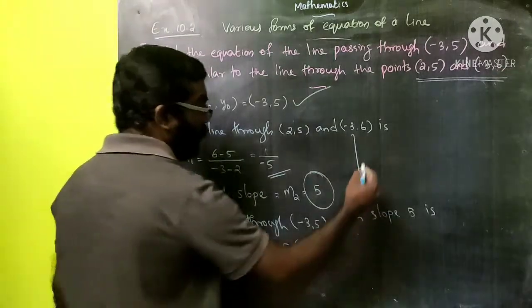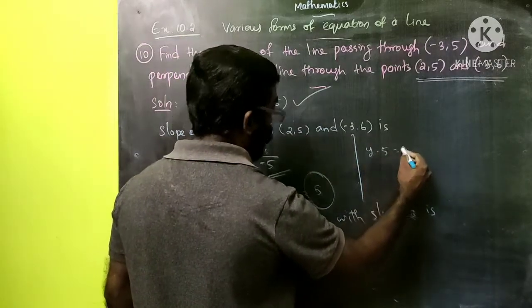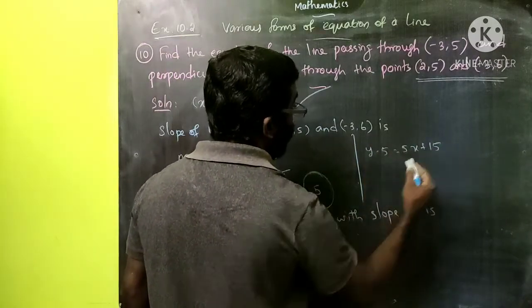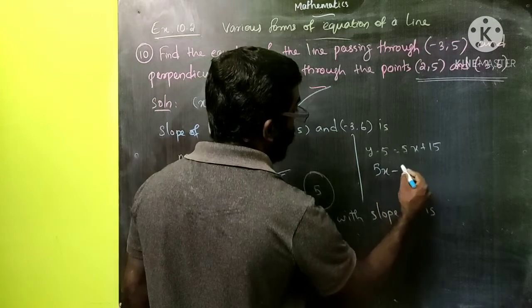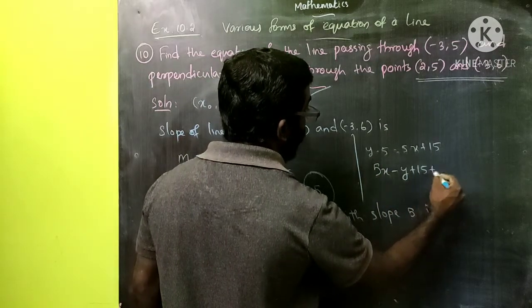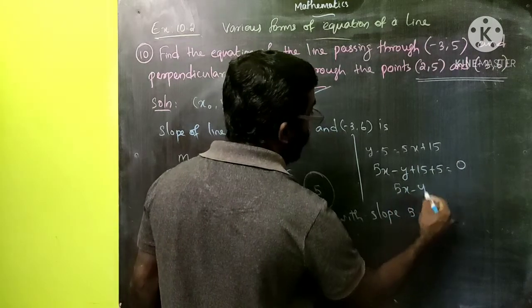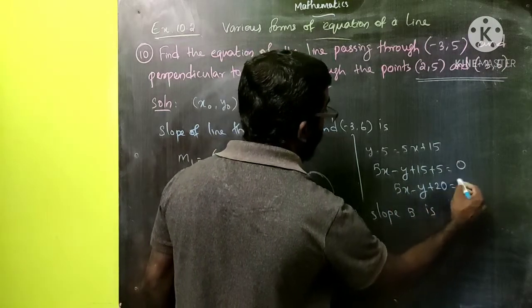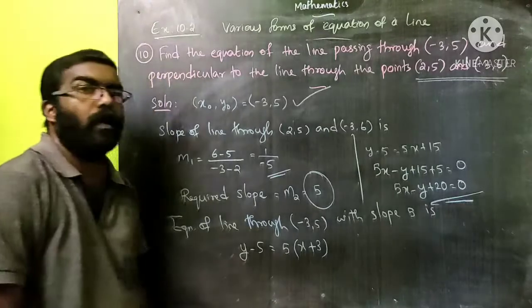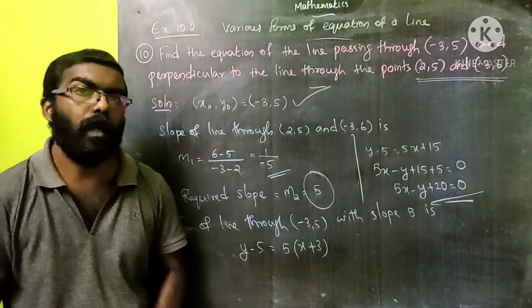That is, y minus 5 is equal to 5x plus 15. Or we can write 5x minus y plus 15 plus 5 is equal to 0. That is 5x minus y plus 20 is equal to 0. This is the required equation of the line. Clear?